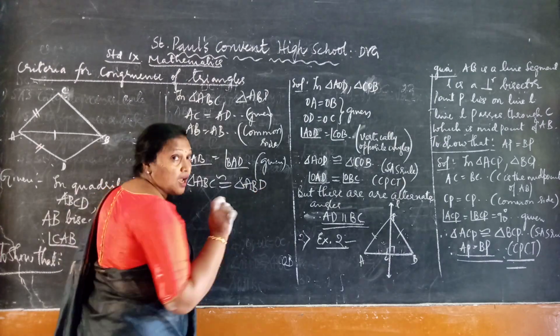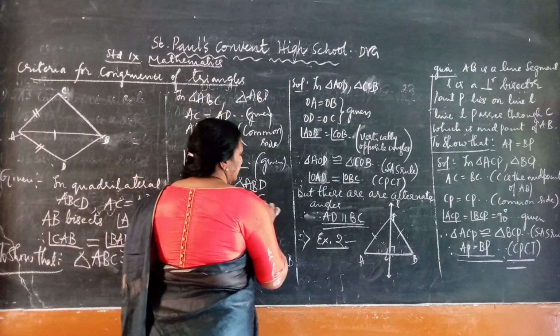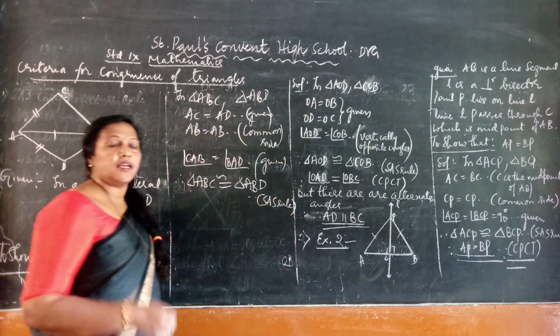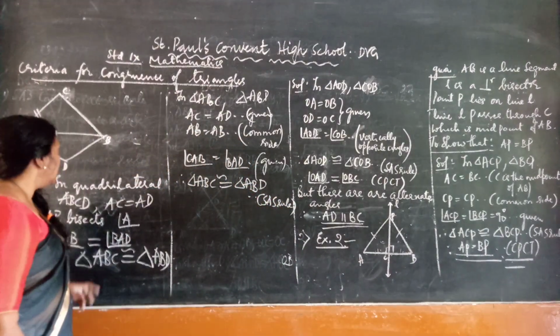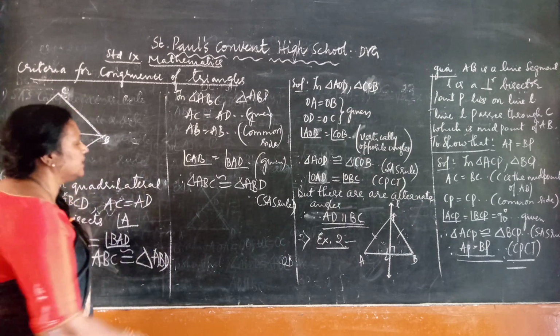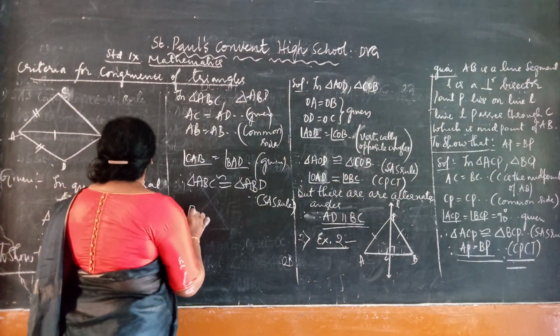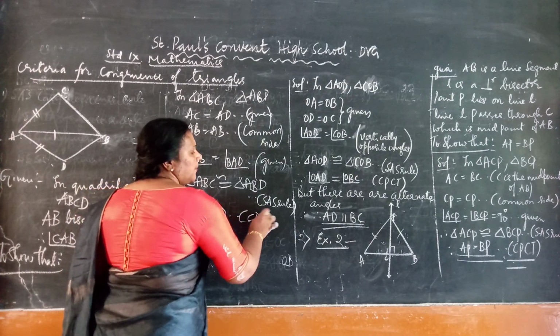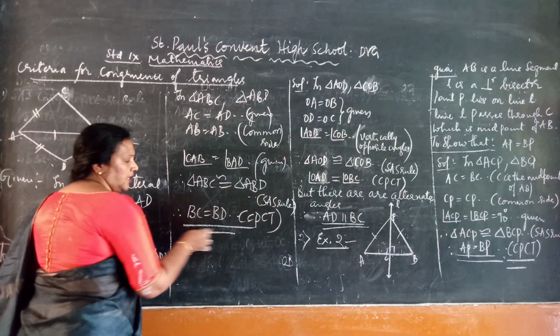By which rule do you have to mention? That is the SAS rule. Once two triangles are congruent, corresponding parts will be equal. Therefore, I can write BC is equal to BD, because they are corresponding parts of the congruent triangles.